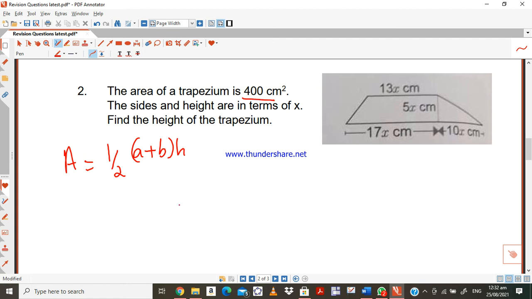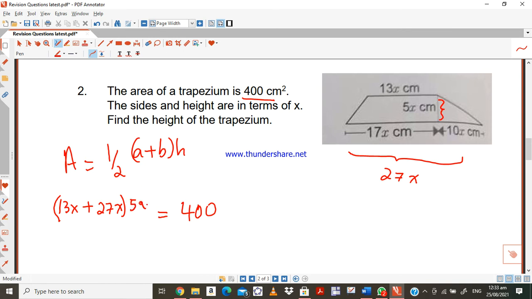So I'm just going to say that 400 will equal the sum of the parallel sides, which is 13x, plus, when you look at this distance here, obviously it's going to give you nothing but 27x. So that plus 27x. And then you're going to multiply that by the height. And the height is this distance here, which is 5x. All of this will be divided by 2.